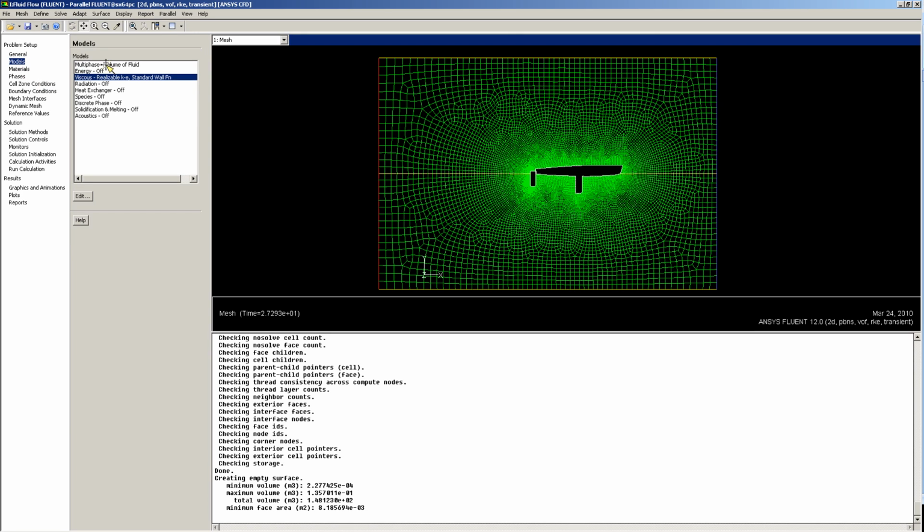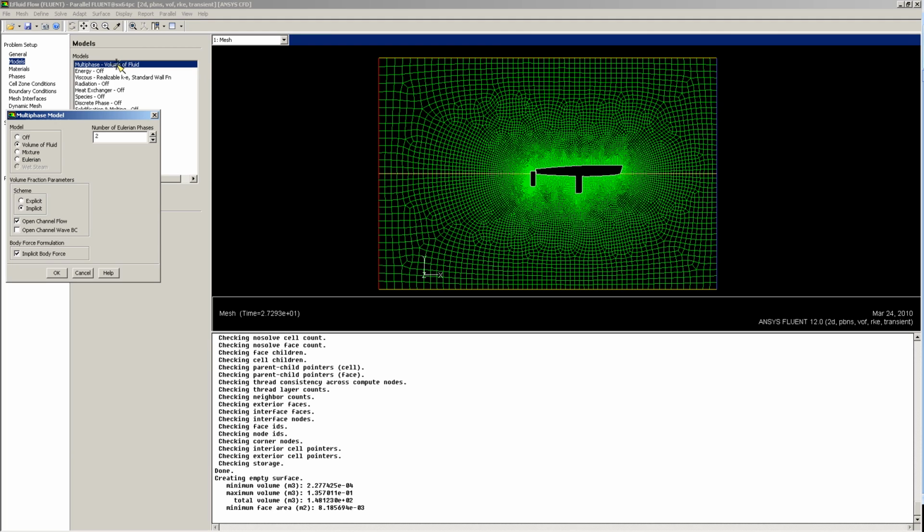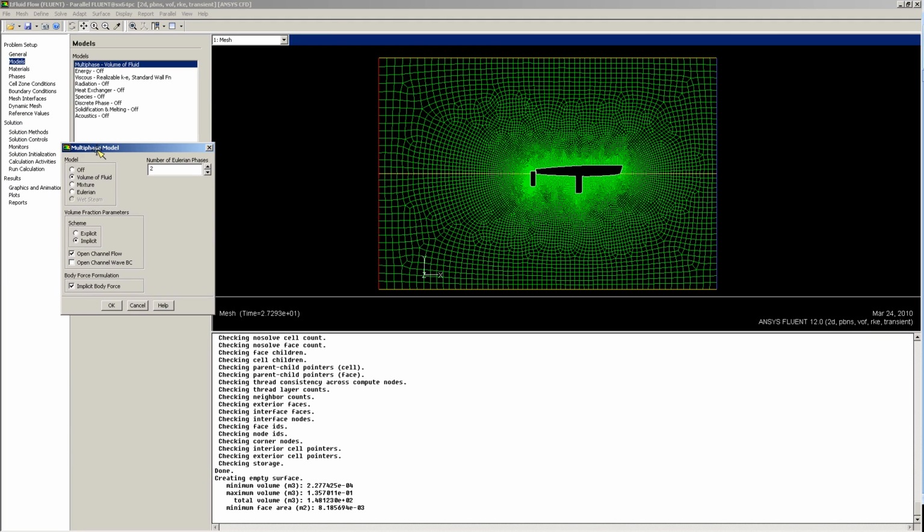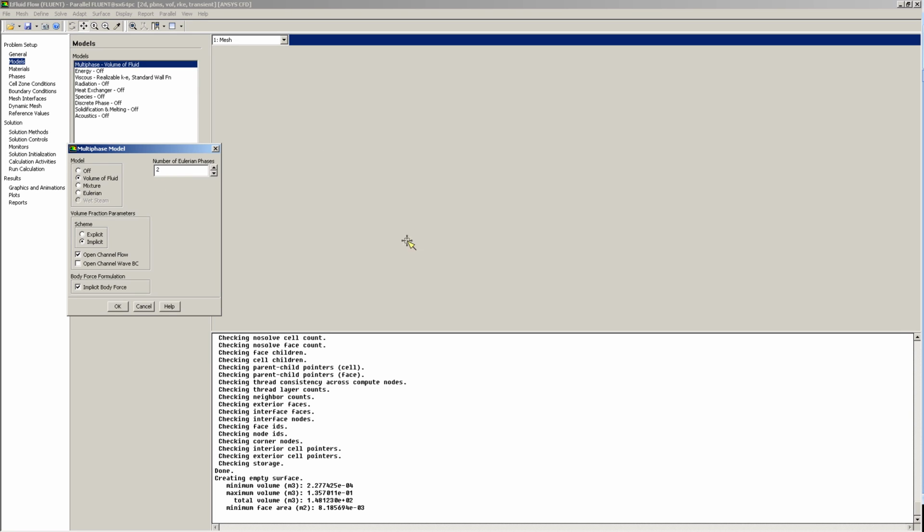And then the next thing that we did was we defined the models that we were going to use. We defined a multi-phase model, which was the volume of fluid multi-phase model, which we'd used in the tutorial earlier. And we defined the number of phases as 2, which is the air and the water.